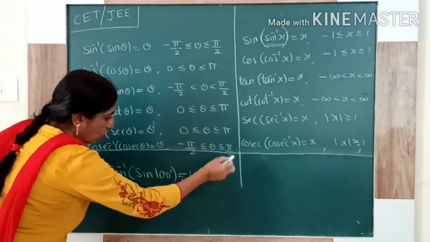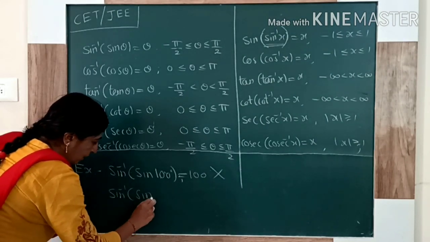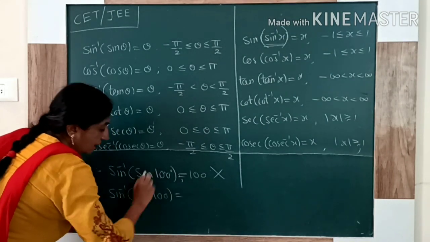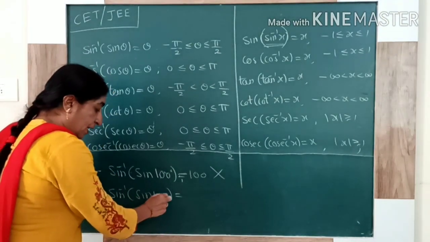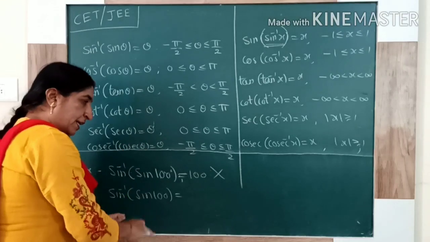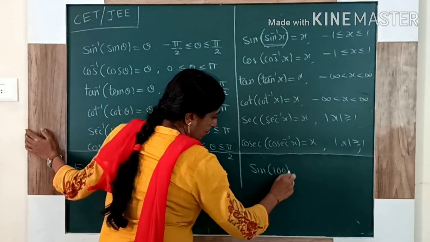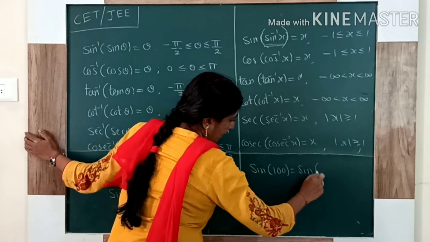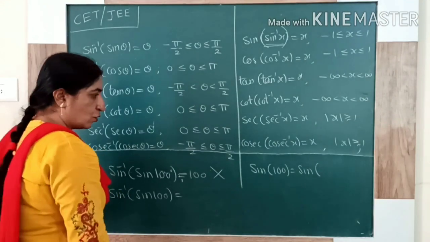So if this is wrong, then what is the correct step? Sine inverse of sine 100. See, all of you are familiar with allied angles. Convert this sine 100 again in the form of sine with the help of allied angles. Now I am not writing this as 90 plus 10, because if you write 90 plus 10, sine changes to cos.